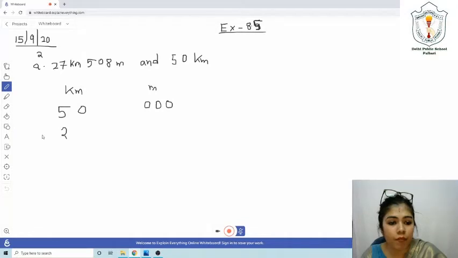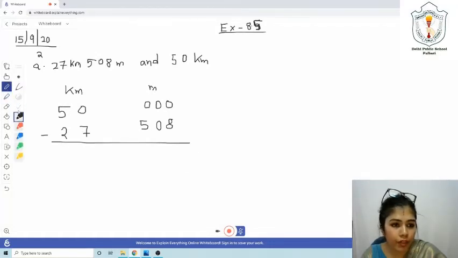The next step is we'll give a subtraction sign and then write 27 below, and then write 508. Okay, now let us subtract. I'll take a different color pen to make you understand. So here is 0, we cannot, so we'll make it 10. How did we make it 10? We will carry from here, 9, it becomes.